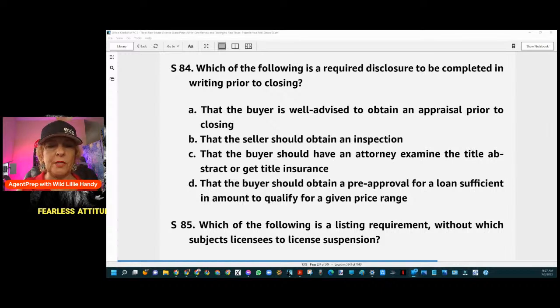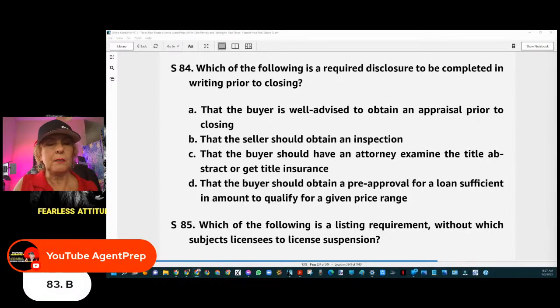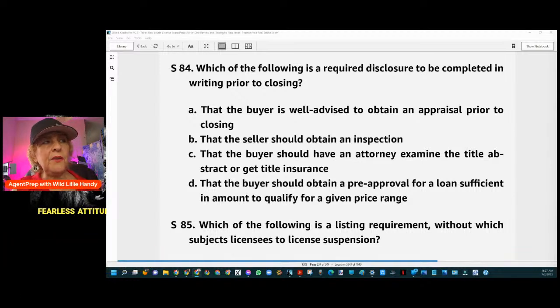Okay, number 11. So that was 83B. Disclose, disclose, disclose. 84. Which of the following is a required disclosure to be completed in writing prior to closing? A, that the buyer is well advised to obtain an appraisal prior to the closing.